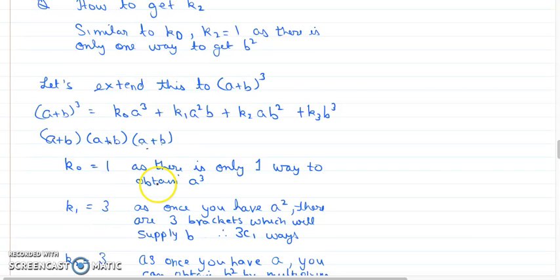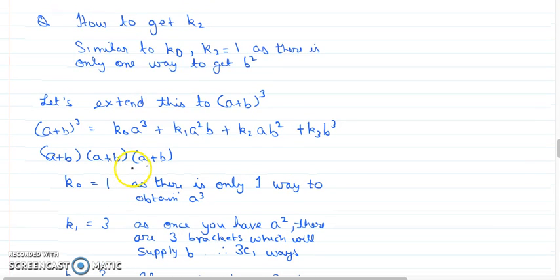If you move on to the next one, the ab square one, you'll see that you can get a from one of these brackets, and then how many ways can you get b from these brackets? Let's say you picked a from this bracket, then how many ways can you get the b square term? 3 ways.